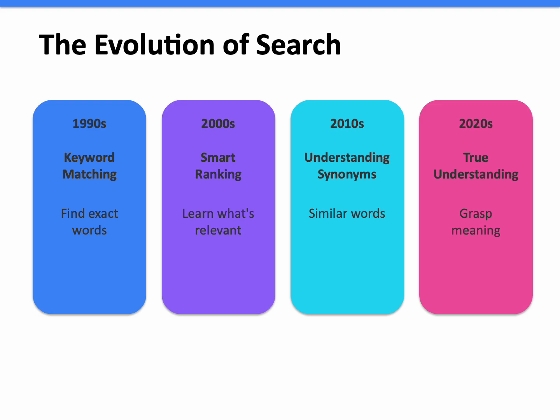In the 2000s, we got smarter ranking with Google's PageRank, which used link structure to find authoritative pages. Then machine learning helped learn from user behavior, but we were still stuck with matching keywords first, right?